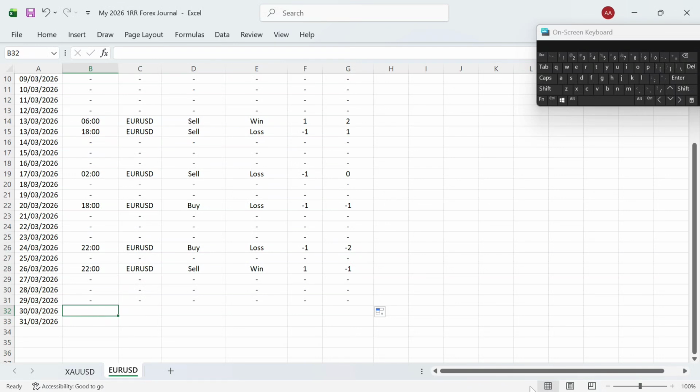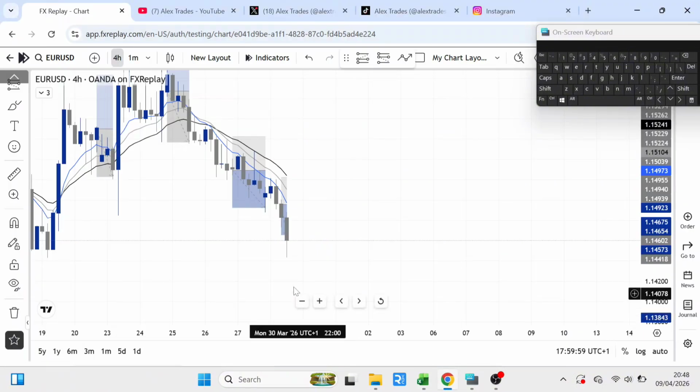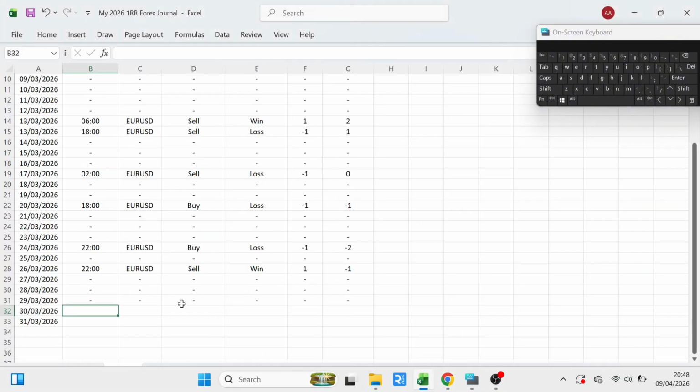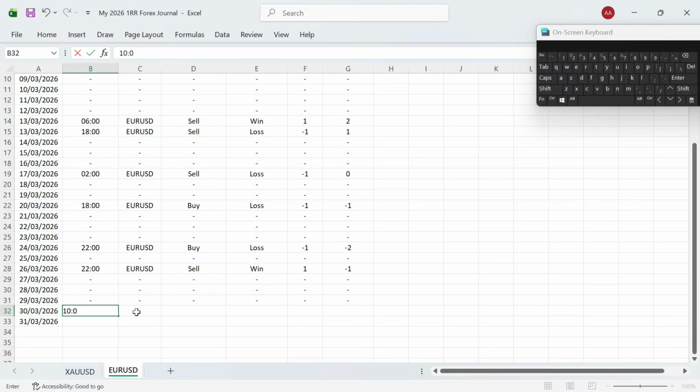Well, let's log this one in and we'll see what's happening from there. 30th, 10 o'clock. This is Euro USD. I think that should be a sell. Yeah, I think it was a sell. Now a win one, and officially we are out of drawdown for this month.